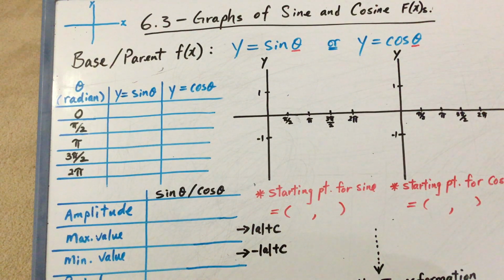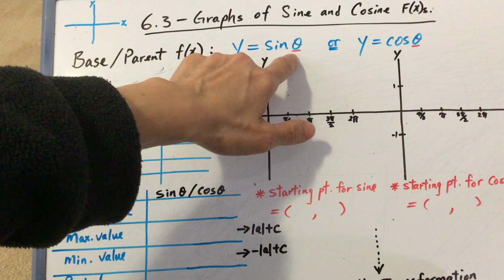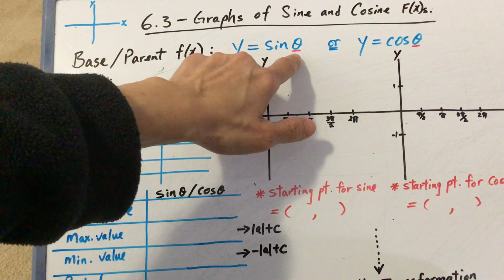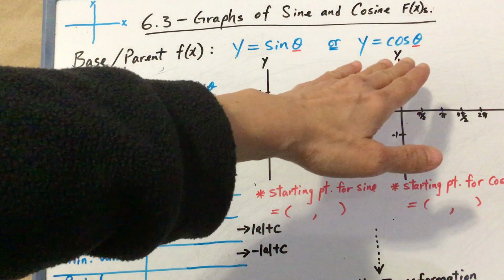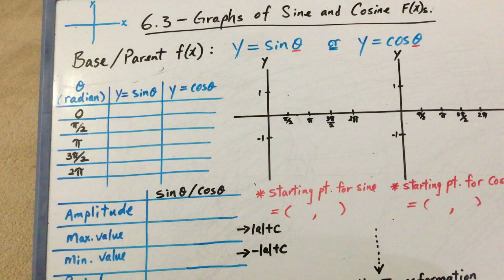And so when you are getting a sine of 90 degrees, or a sine of 180 degrees, or cosine of 270 or cosine of 360.